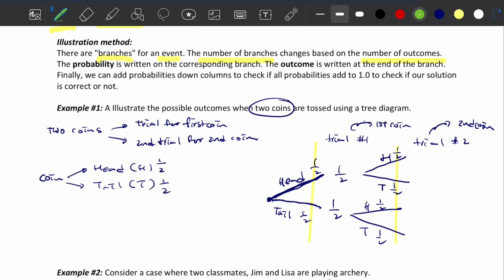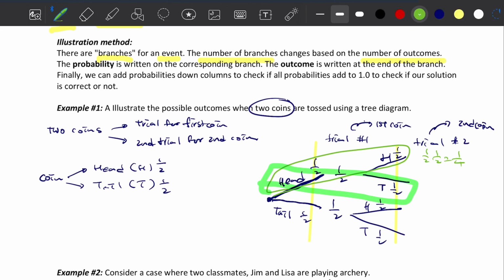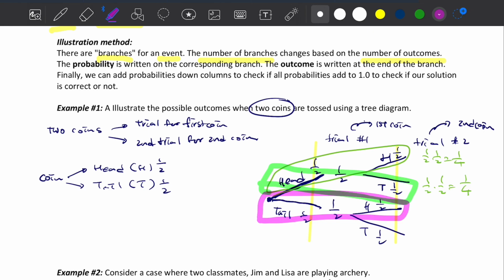After that, you need to calculate the total probability of each path. First, the case where we have head and head: 1/2 times 1/2, which is a 1/4 chance. The next is head for the first coin and tail for the second: again 1/2 times 1/2, which is 1/4. Then tail for the first case and head for the second: 1/2 and 1/2 again, so 1/4.